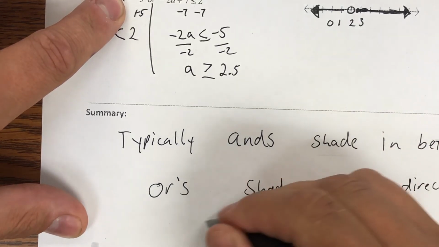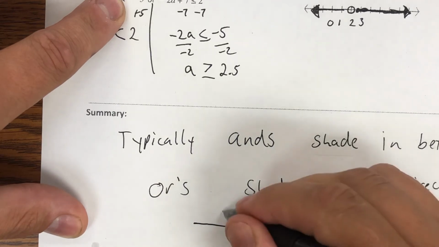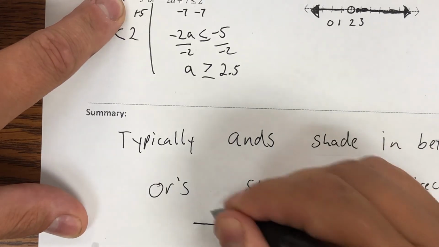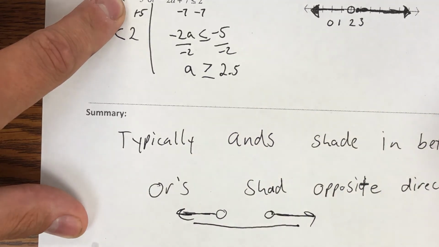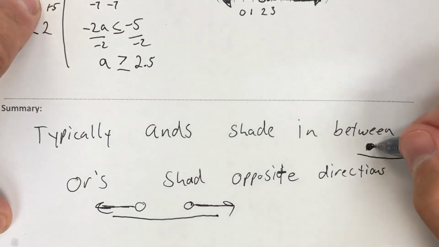So an OR graph would look something like this. Ands would look something like this. I shaded above my number line, so it was very obvious for this little summary diagram.